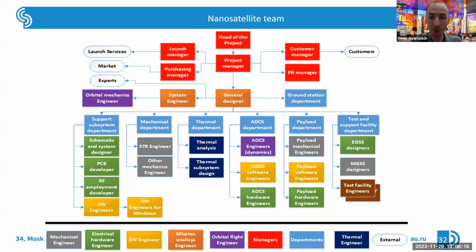Some of them can be made by one person. But in an ideal world, of course, each task should be solved by a special person who can do it very well.